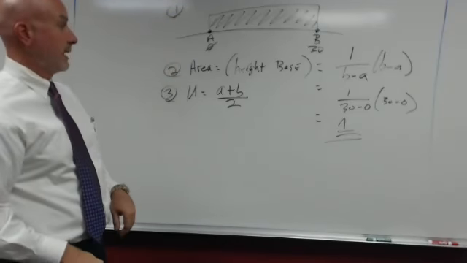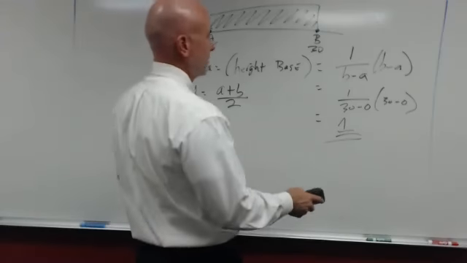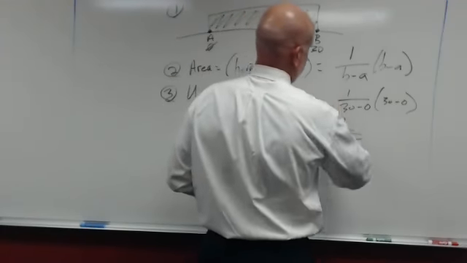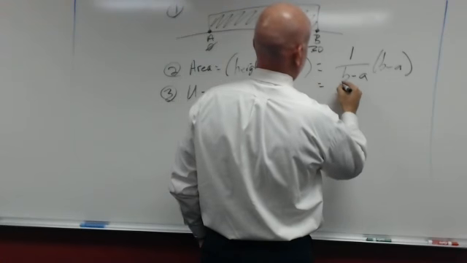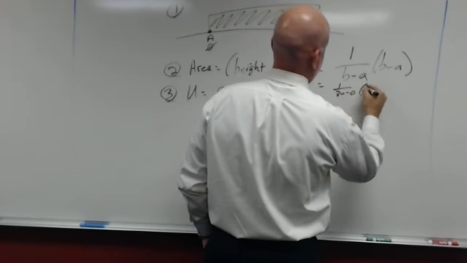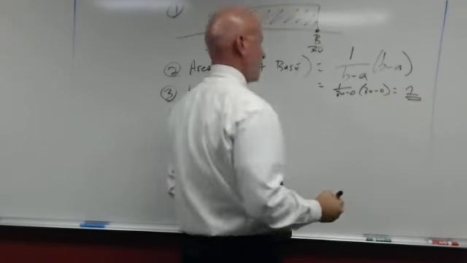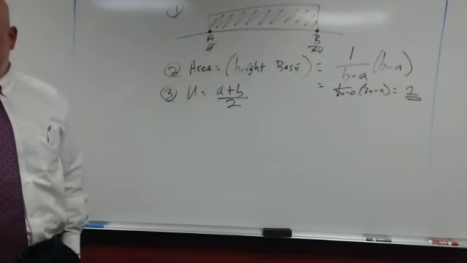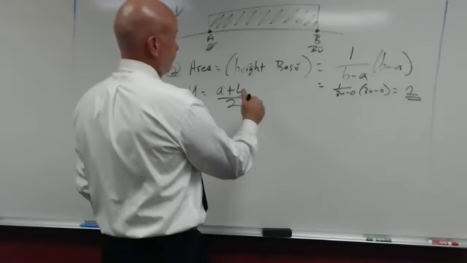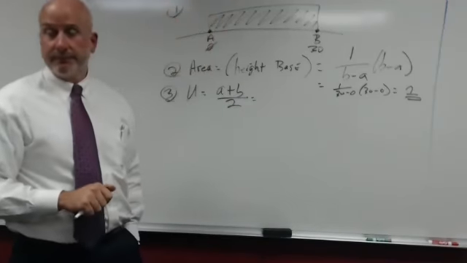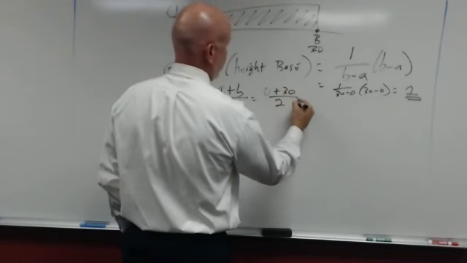X bar is the sample mean. All right, so now let's plug this in. What's point A? 0. Plus point B is 30. Divide that by 2.